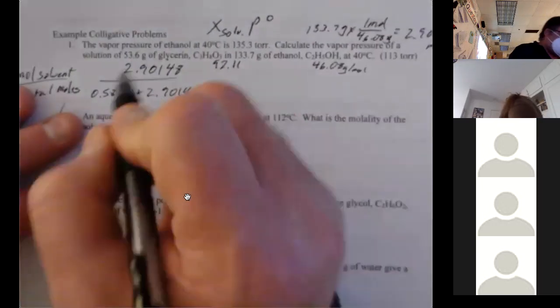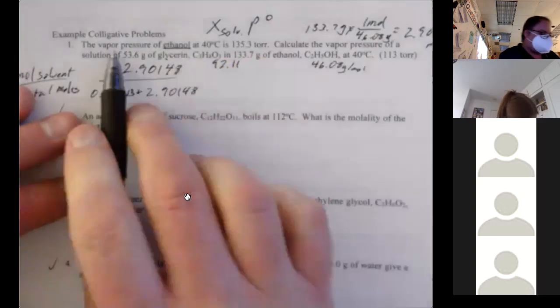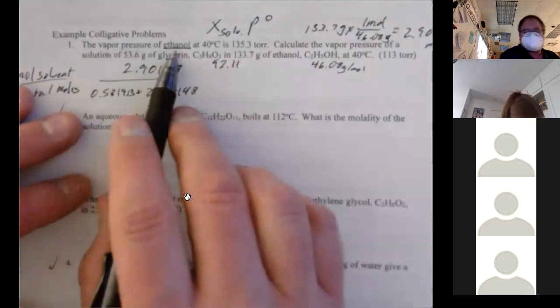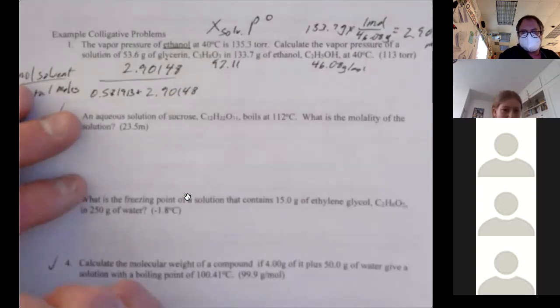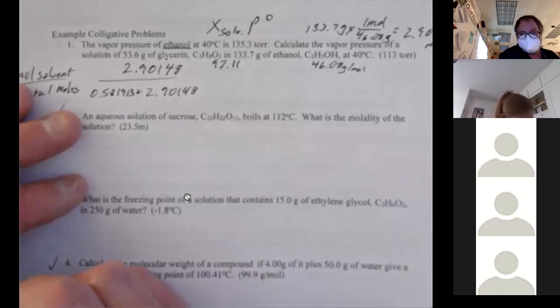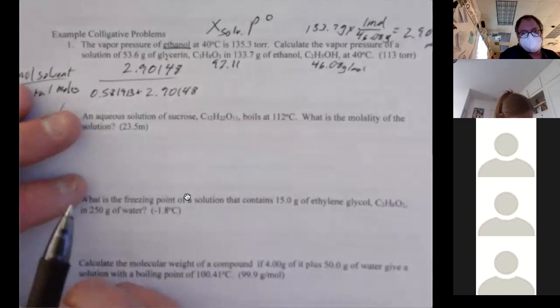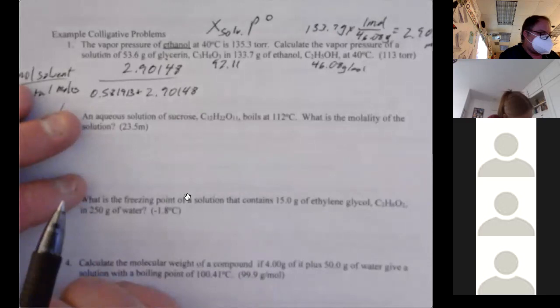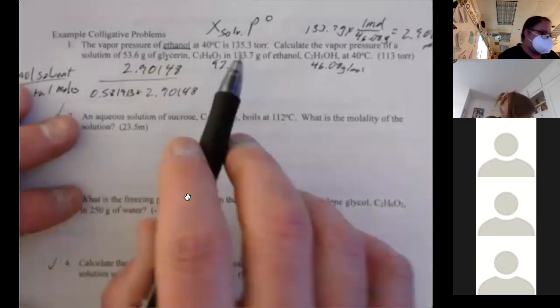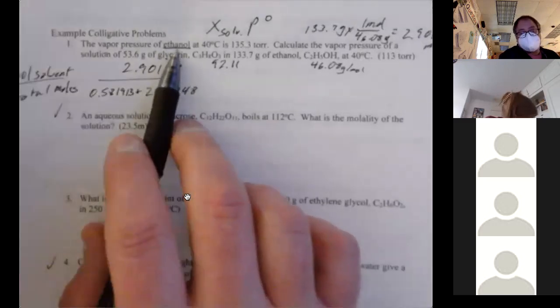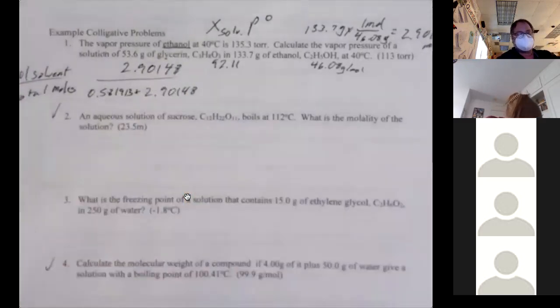Like, why is the ethanol on the top? Because it gives us the vapor pressure of ethanol. Oh, so that tells us that that's the solvent. Good. There's a lot going on with these colligative property things. That's how we know this is the solvent, and if you don't know that, then you can't move forward on the problem, right?